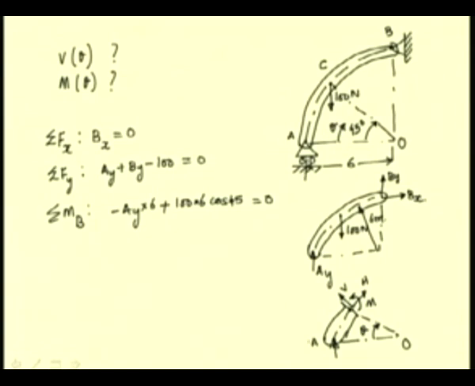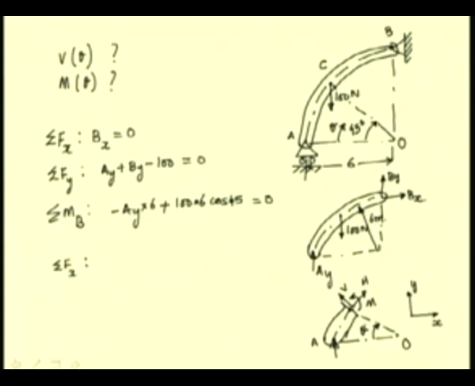Now, from this free body diagram, let us write the equilibrium equations. If we sum the forces along the x direction, we have these as the positive x and y directions.